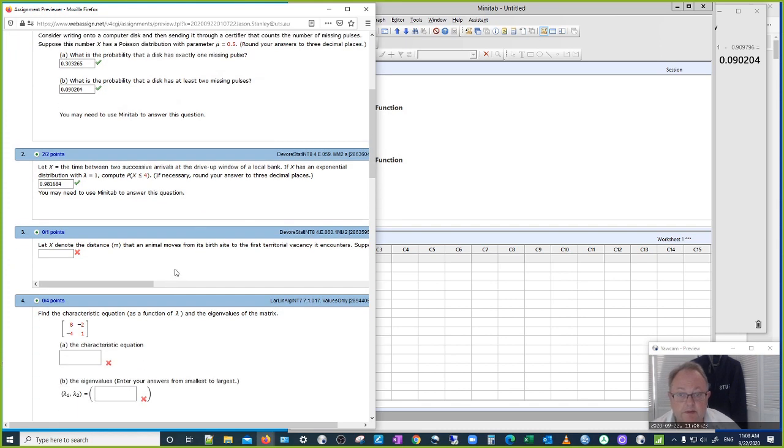Alright, now this one here might be a little bit different. To note the distance that an animal moves from its birth site to the first territorial vacancy it encounters, suppose that for bent-tailed kangaroo rats x has been exponential with a parameter lambda of 0.01427, what's the probability that the distance is at most?